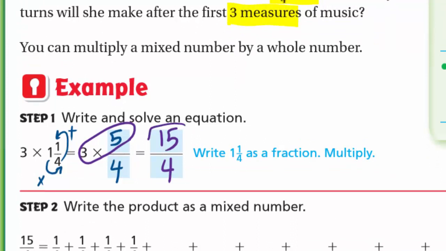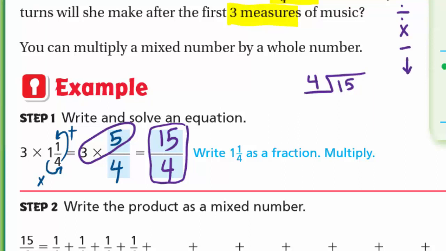Here we have 15/4, the numerator greater than the denominator, so he wants us to convert it into a mixed number. We know how to convert a fraction into a mixed number by using division. So we can divide the 15 by 4, and the steps of division were divide, multiply, subtract, bring down.